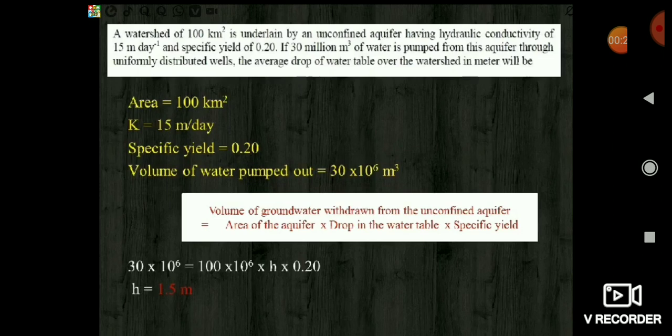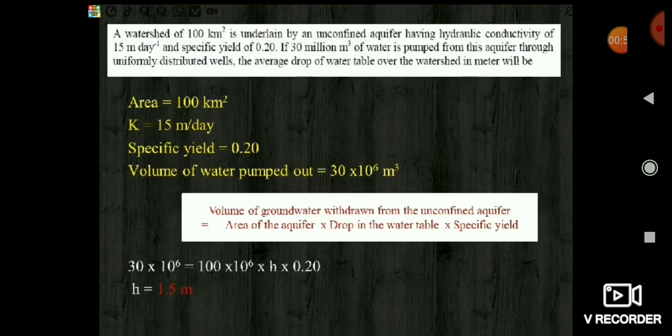Friends, this question is based upon the previous question's concept, that the area is given and the volume of water that is pumped out. You all know that specific yield is the ratio of volume of water extracted to the total volume of the catchment present in that area.